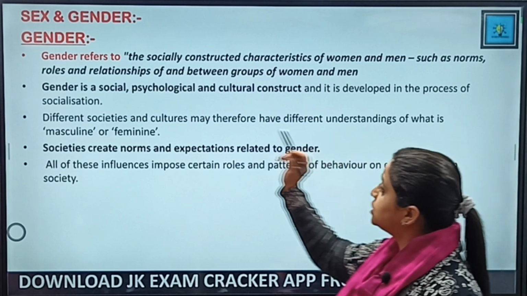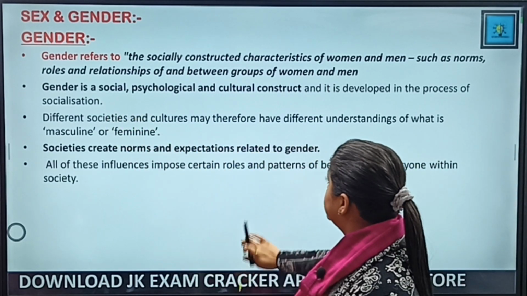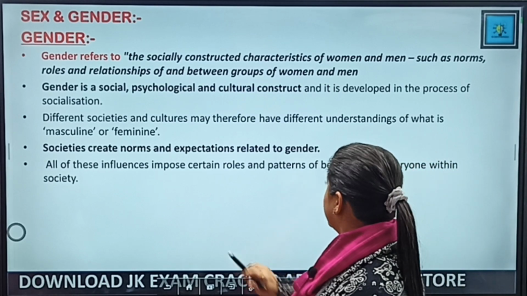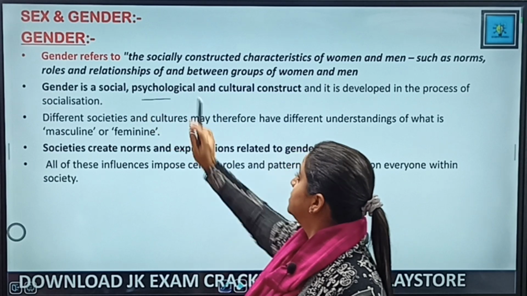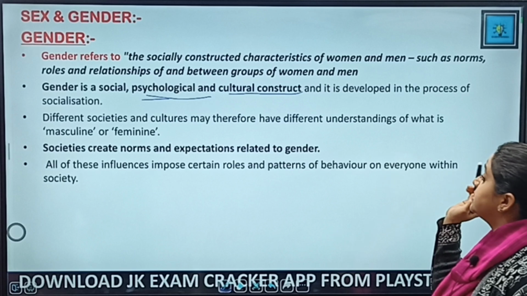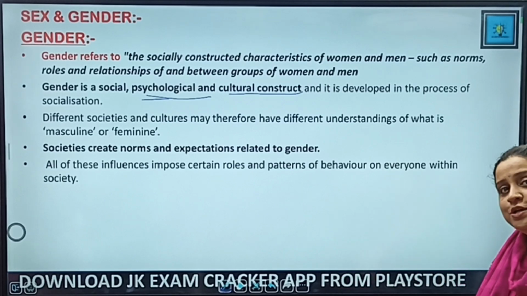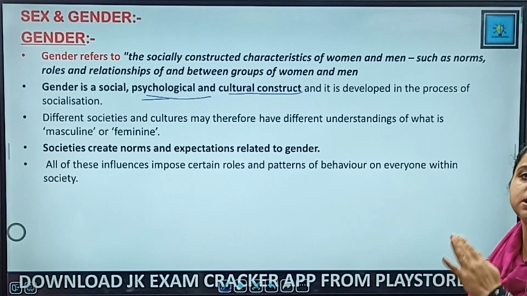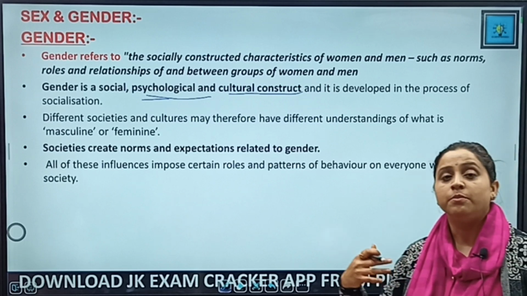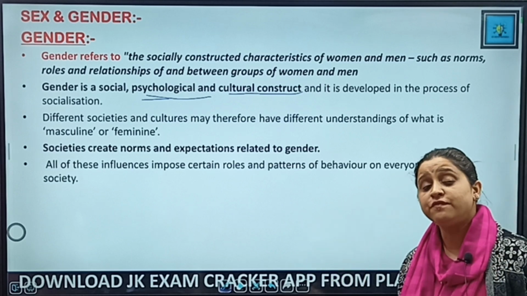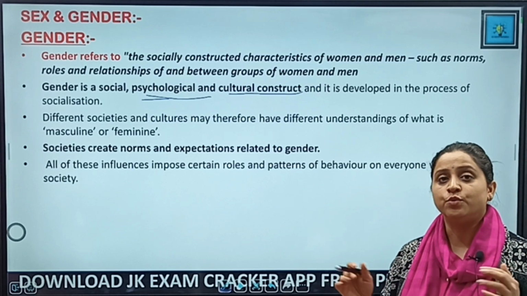So gender is a social, psychological and cultural construct. This is developed during the process of socialization. तो पूरे टाइम जब हम बच्चों से लेकर अडल्ट तक हमें सोशलाइज किया जाता है सोसाइटी में, हमारा बिहेवियर हमें समझाया जाता है, we are also taught at the very first hand that you are a male and you are a female.